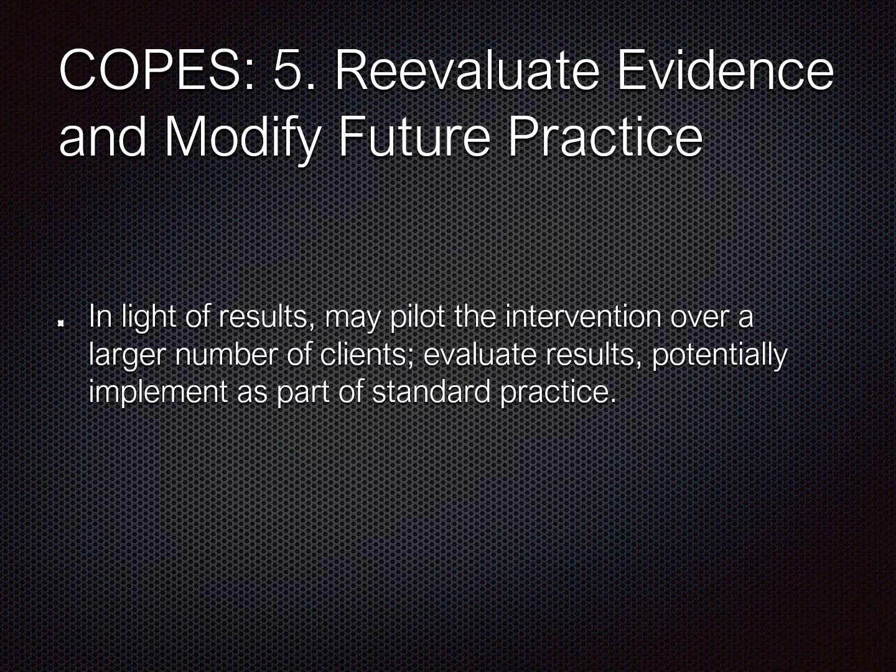So you might pilot it amongst a bigger group and then evaluate those results. And then if everything looks favorable, you would potentially implement that as part of standard practice. So that's a way in which you've moved from identification of a potentially effective therapy to actively testing it and then spreading it or diffusing it across your practice, a clinic, or whatever context you're working within.